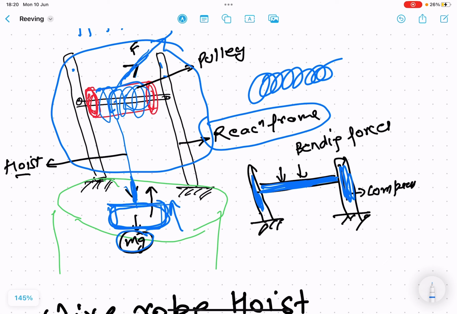So what we have understood is that if we want to deploy any lifting system, we must first have a pulley, and there is one reaction frame in order to take the external reactions during the lifting. We require this. This is the simple idea that we get from this system.